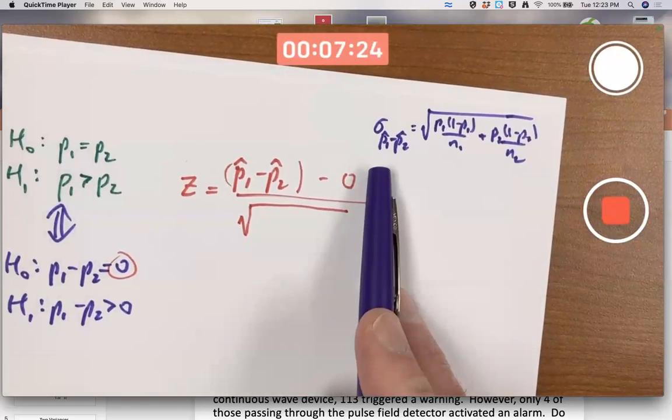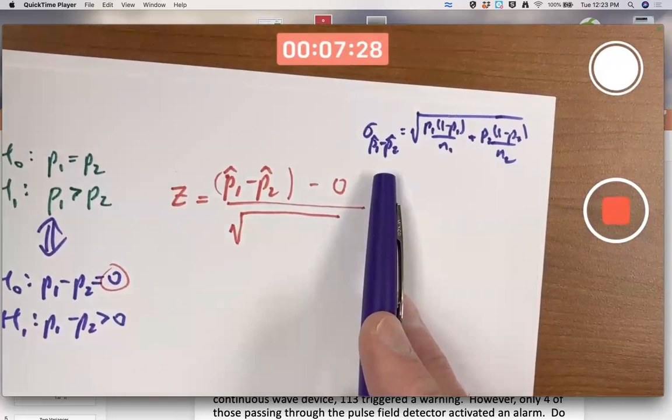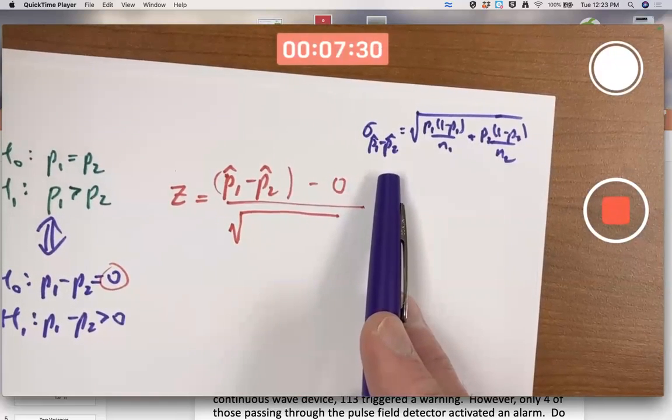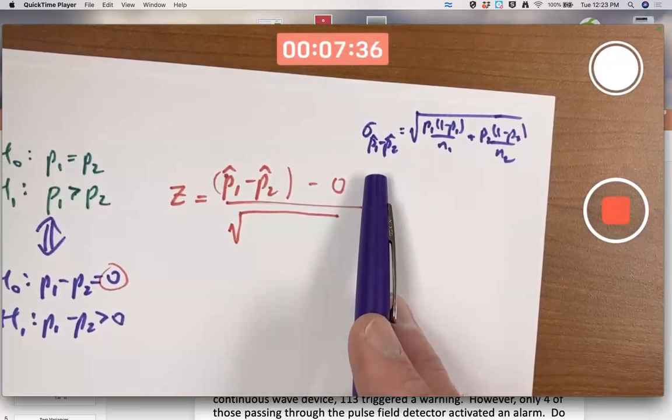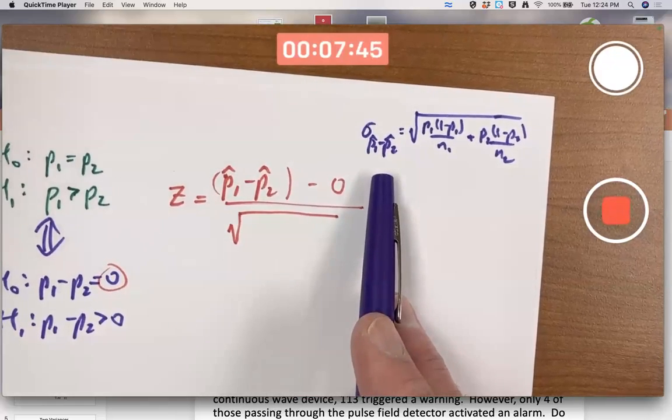P1 hat and P2 hat, even though we're calling them proportions, can be thought of as means. That's at the beginning of chapter 9. There's a discussion about thinking of these as being means of binomial distributions that take on values of 0 or 1. Because of that, the central limit theorem applies to them.